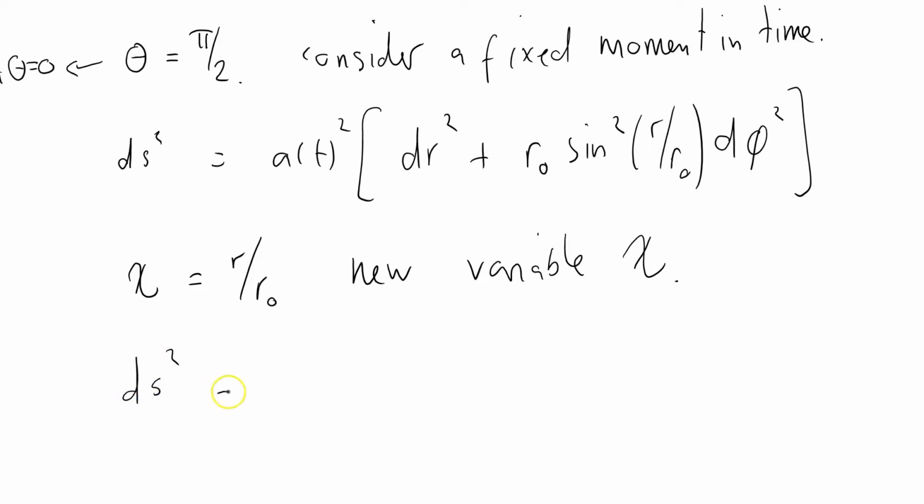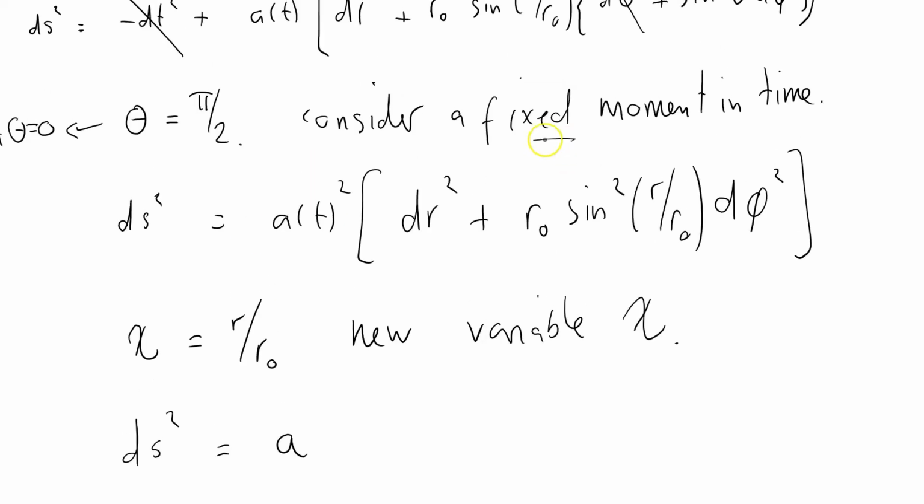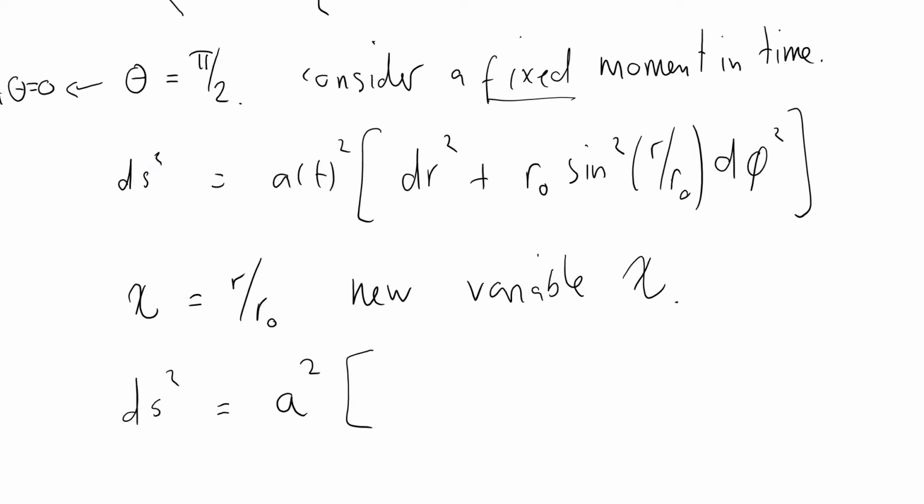Then ds squared equals A squared, and I don't need to write the functional dependence of A because I'm considering a fixed moment in time, times dr squared, which is r0 squared d chi squared, plus r0 squared sine squared chi d phi squared.